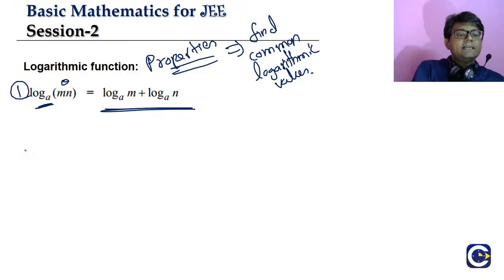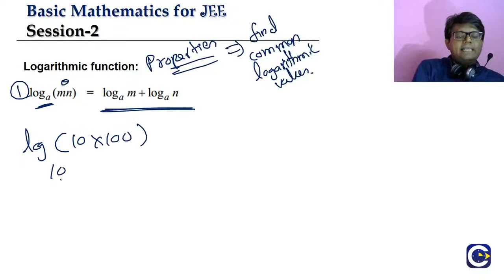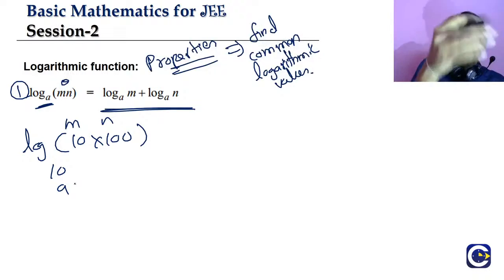So check it, guys. I am taking an example: log of 10 into 100 to the base 10. Here m is equal to 10, n is equal to 100, a is equal to 10. What is the property telling me?